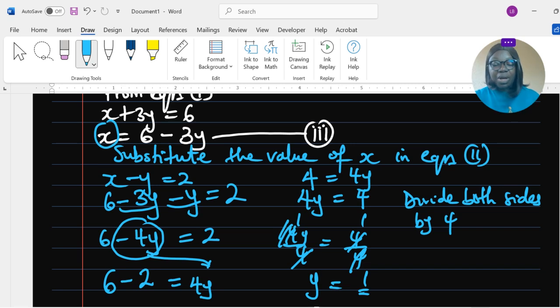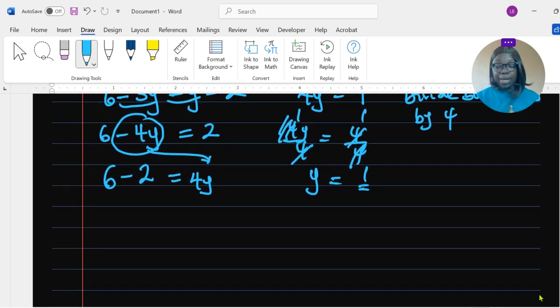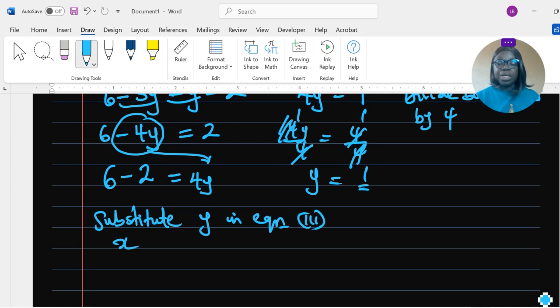Now that we have gotten the value of y, which is 1, we will substitute this value of y in equation 3, because in equation 3 we already derived an expression for x. Equation 3 is x is equal to 6 minus 3y.